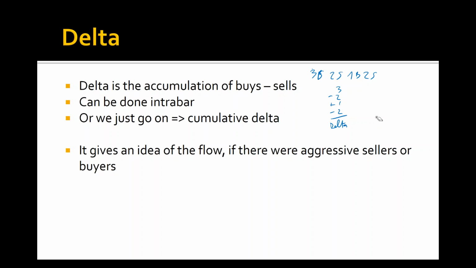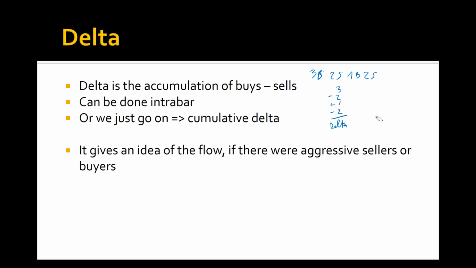Okay, so this delta, either we start each new candle at 0, we accumulate the delta over the building of the bar, so we will have a closing delta, high and low delta for the bar, and we start again on the new bar at 0. So you have delta bars, or we choose to continue to accumulate the delta bar after bar.